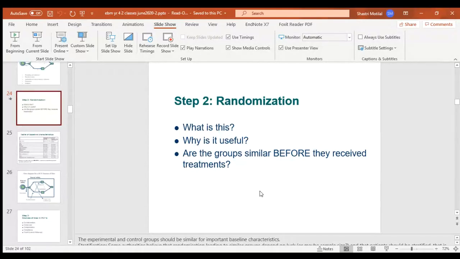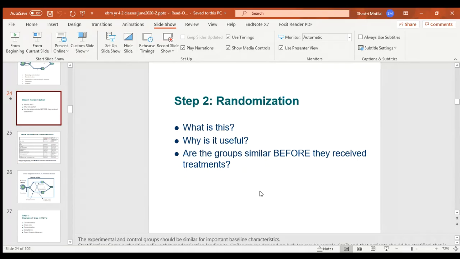Why is this useful? When you have your whole group of 100 and you break them up into two groups of 50, you want those two groups of 50 to be very, very identical. You want the groups to be very, very similar so there are no differences between the groups before they get treatment.